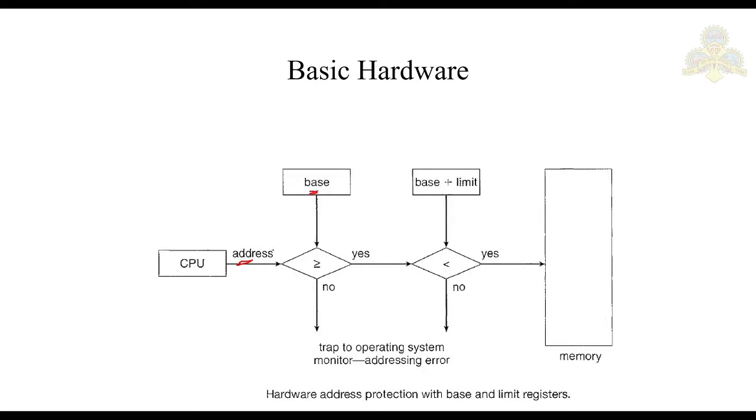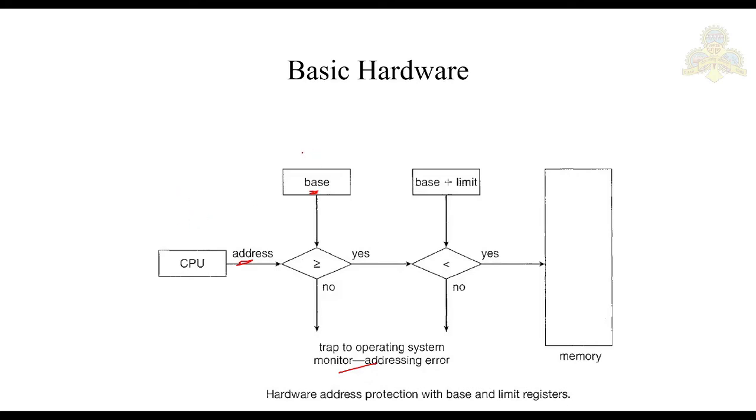Okay, so suppose whatever address the CPU has generated, if it is greater than or equal to the base address, then it means that particular address belongs to the process. Otherwise it results in a trap or an addressing error. So let us consider one example.